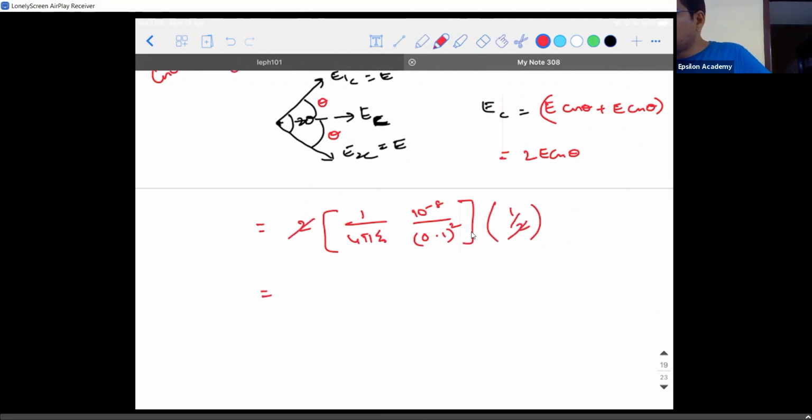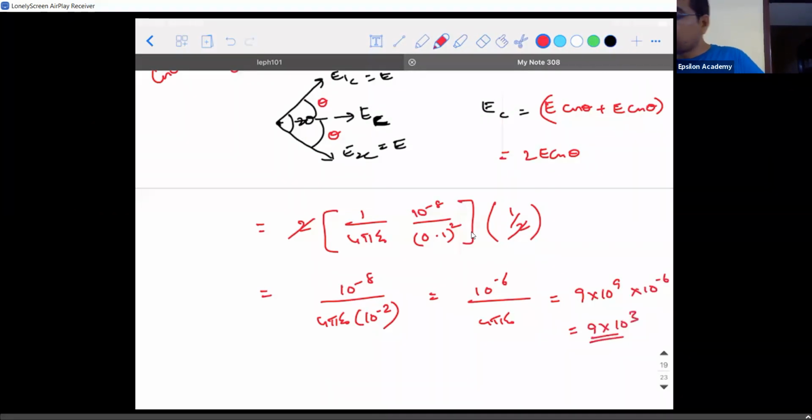Answer will be 10 power minus 8 divided by 4 pi epsilon naught into 10 power minus 2. That is 10 power minus 6 divided by 4 pi epsilon naught. But 1 by 4 pi epsilon naught is 9 into 10 power 9, into 10 power minus 6. That is 9 into 10 power 3. So it's going to give you a value of 9 into 10 power 3 Newton per Coulomb.